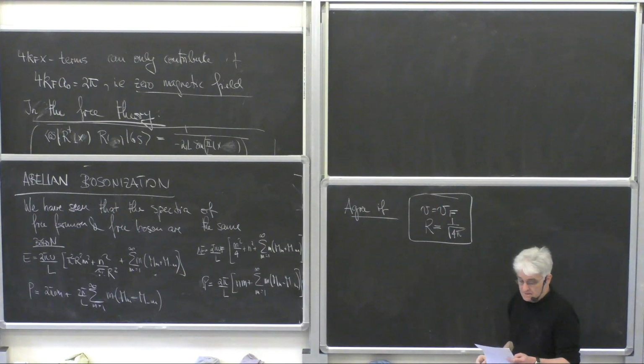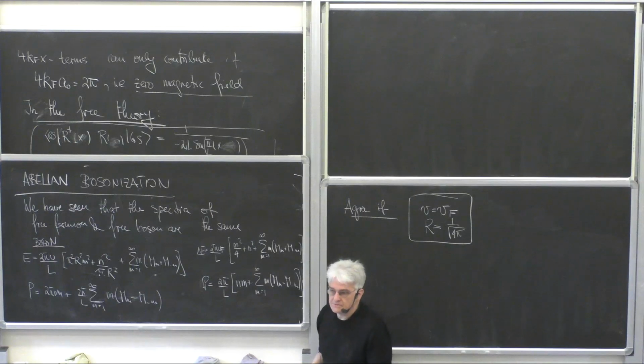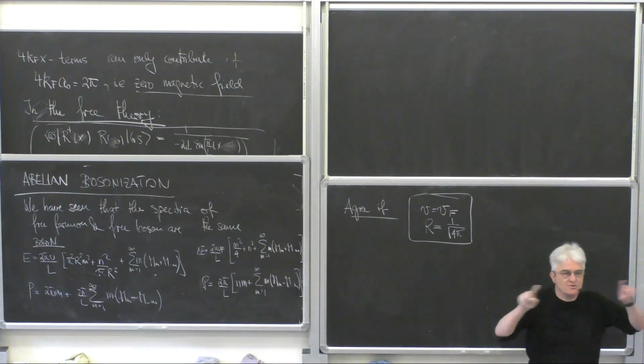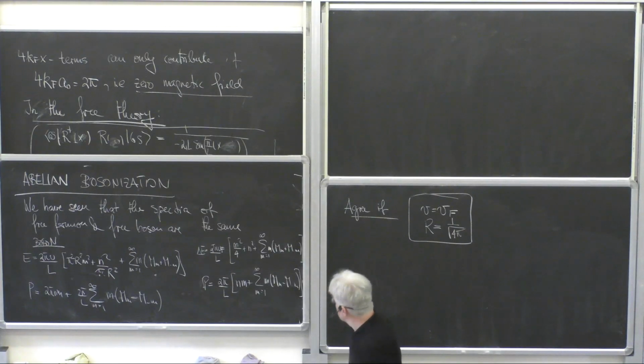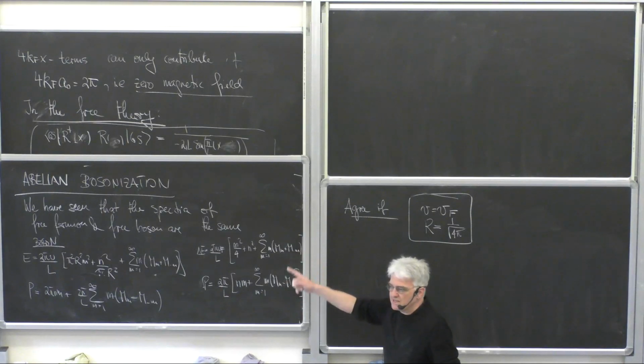So the free fermion is equal to the free boson for a particular value of the radius. We see this basically from the finite size spectrum, right? So this is a very strong indication.